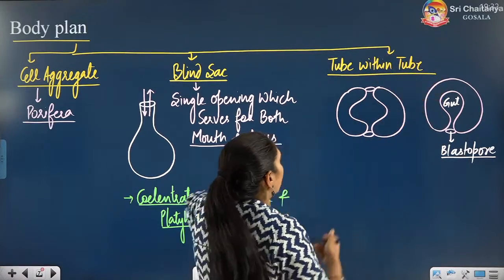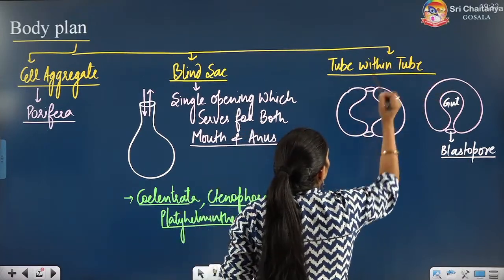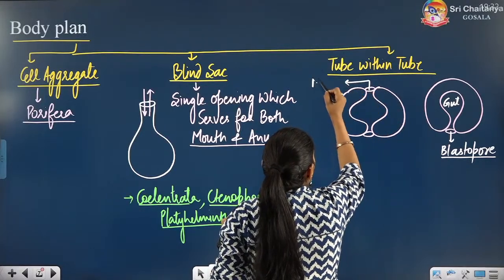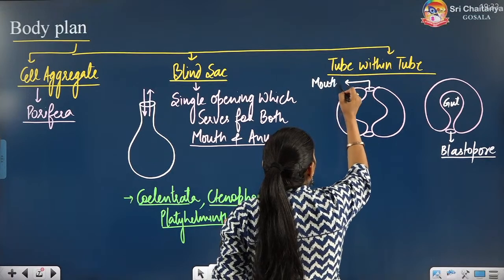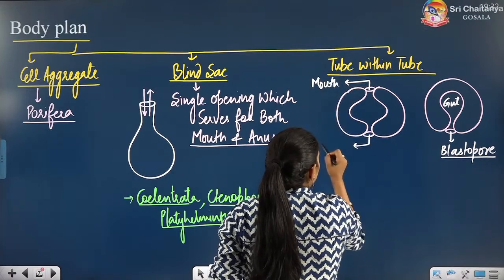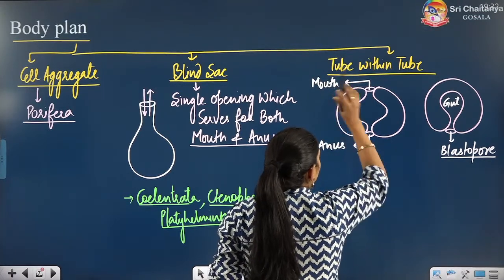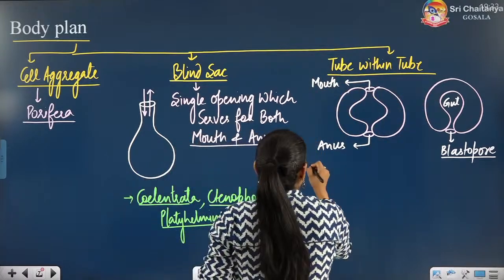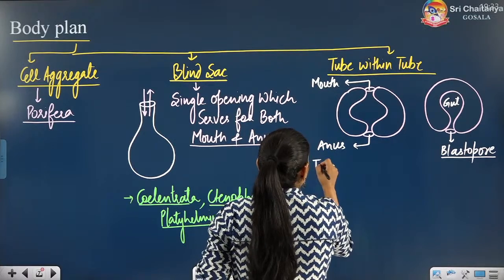Alright, so here you can see in the tube within tube body plan, you can see two openings. We can call one the mouth and another the anus, everyone. Okay, so in case of the tube within tube body plan, we are seeing two separate openings.